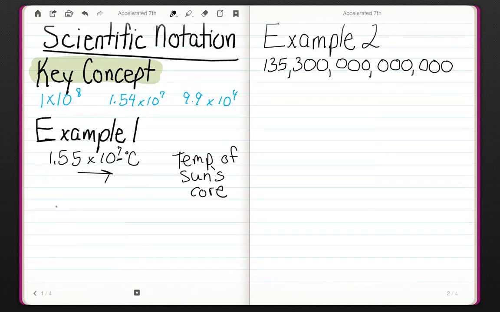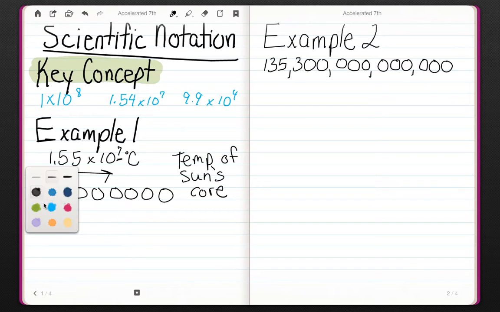I'm going to move that decimal. So I would have 1, 5, 5, 0, 0, 0. I'm just going to put some zeros on here, and now we're going to move that decimal. So my decimal was here, and it's going to move 1, 2, 3, 4, 5, 6, 7 places to the right.